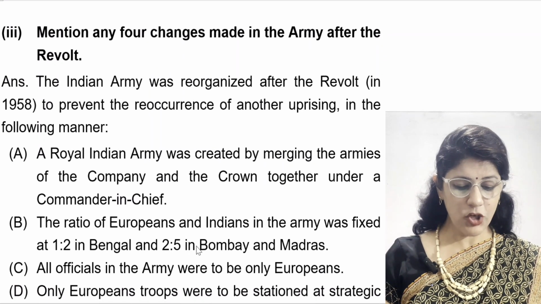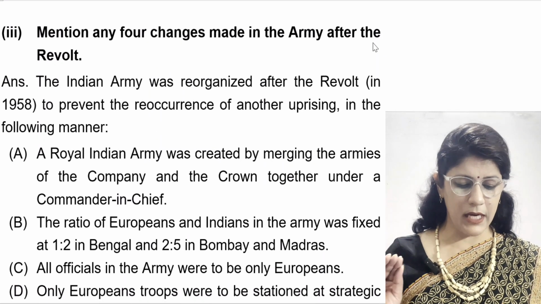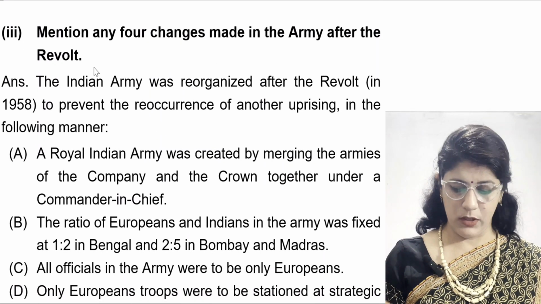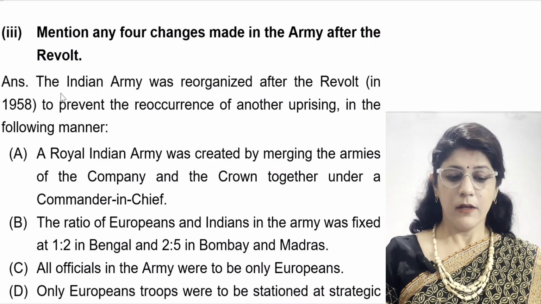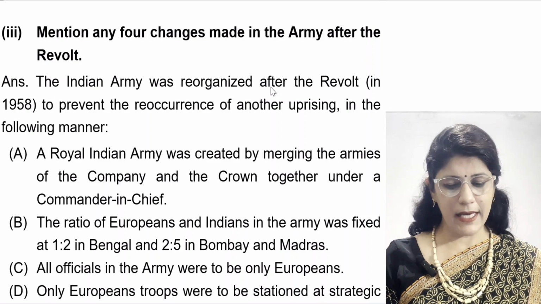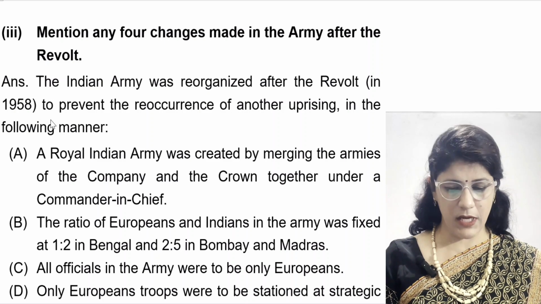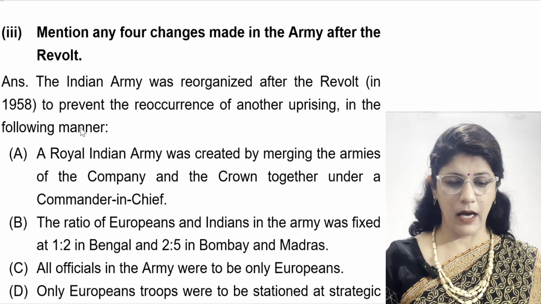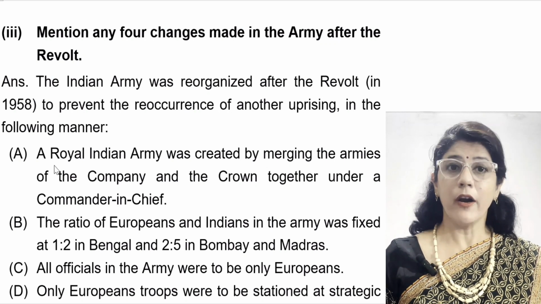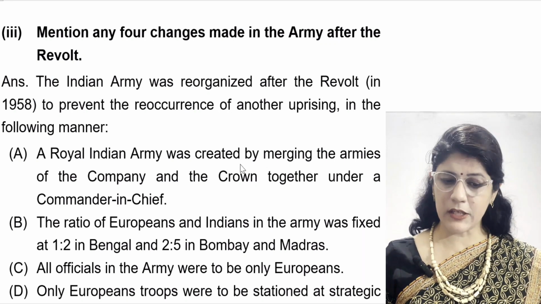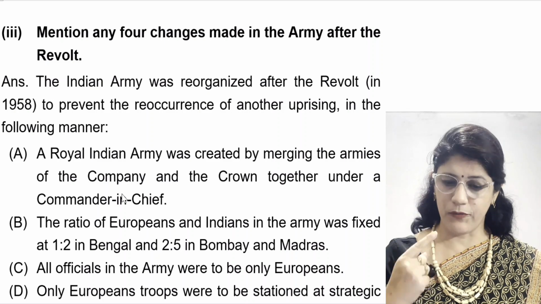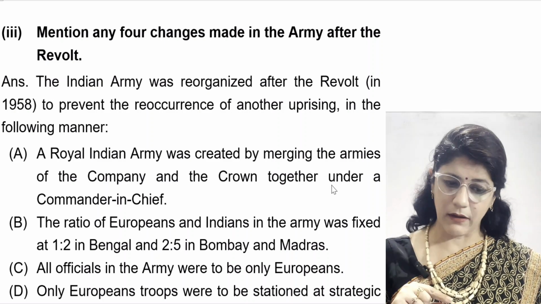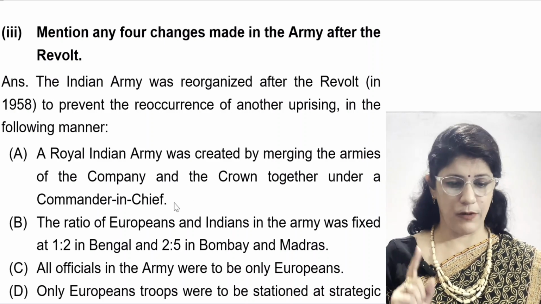Third part, mention any 4 changes made in army after the revolt. This is of 4 marks. The Indian army was reorganized after the revolt in 1858 to prevent the recurrence of another uprising in the following manner. A Royal Indian Army was created by merging the armies of the company and the crown together under a commander-in-chief.